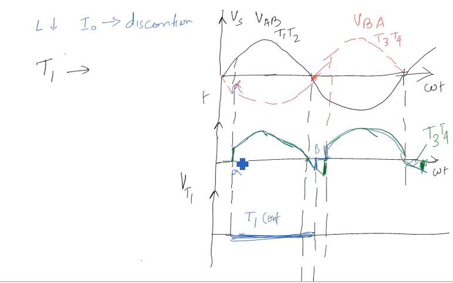But it is not conducting during this cycle, so the reverse potential comes here. From beta to 2 pi, T1 is not conducting, therefore the reverse potential will come into the picture, but the reverse potential will be like this.